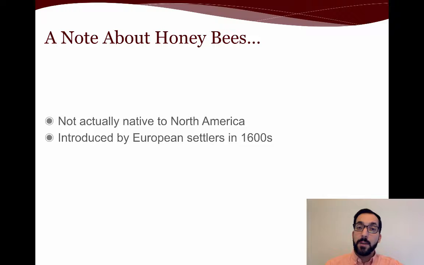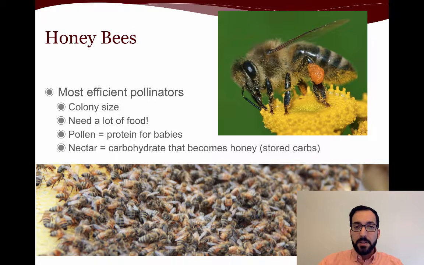We would lose a lot of crop yields because it's due to their efficiency and their use that we've been able to drastically increase crop yields and in some cases even have certain crops that are not native to this region. So honeybees are considered the most efficient pollinators. Some of the reasons include their colony size, so they can have thousands of individuals within a single colony, and so they need a lot of food.